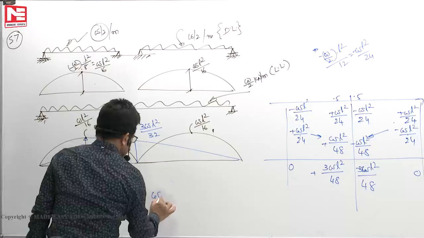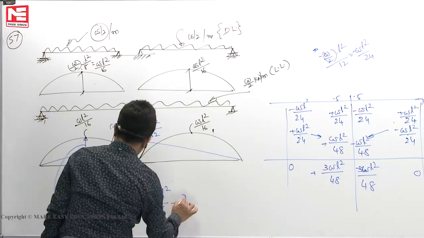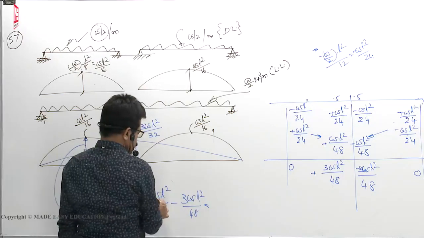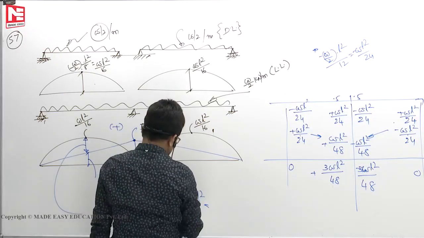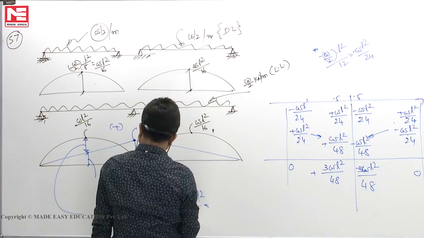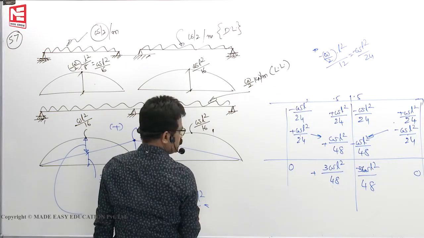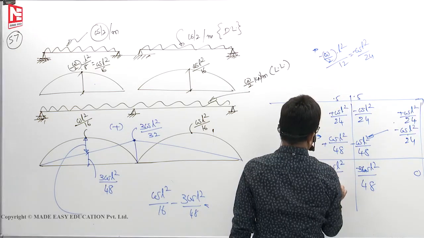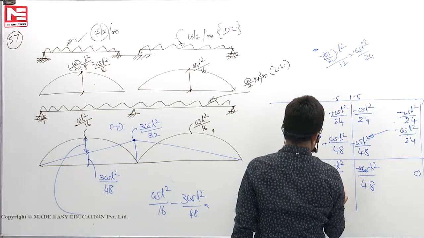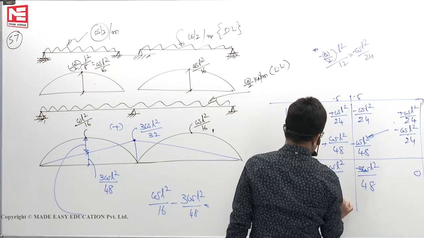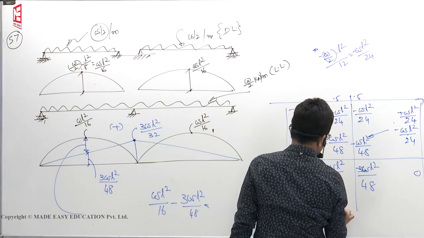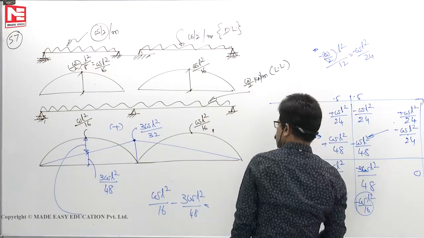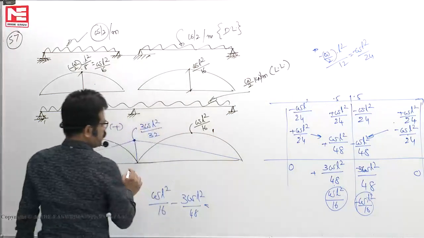Net value you will get WL square by 16 minus 3 WL square by 48. 48 common, 24 into 2, 2 plus 1. You are getting WL square by 16. Here also WL square by 16. This is WL square by 16.